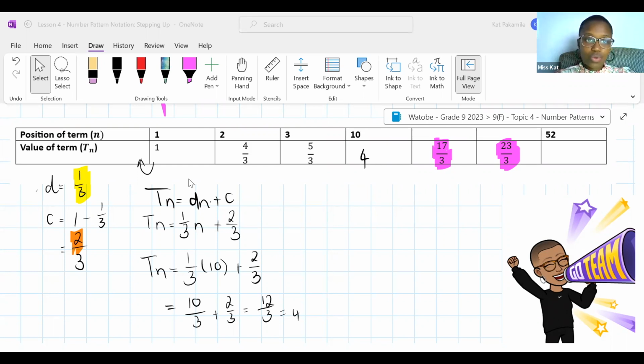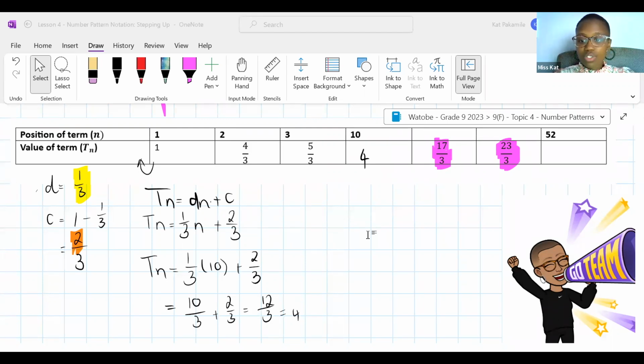And then we had a plus 2 over 3. So when you're adding, you only add the numerators. So you're going to be left with 12 over 3. But 12 divided by 3, isn't that just 4? Do you see, Novuyo? Did I answer your question? Yes, ma'am.